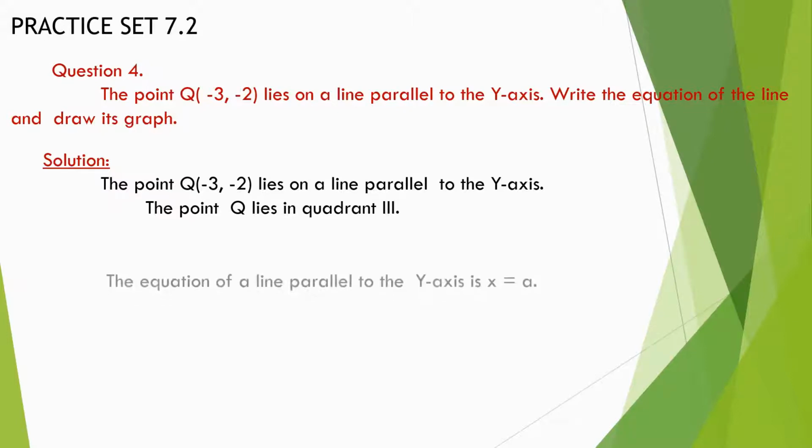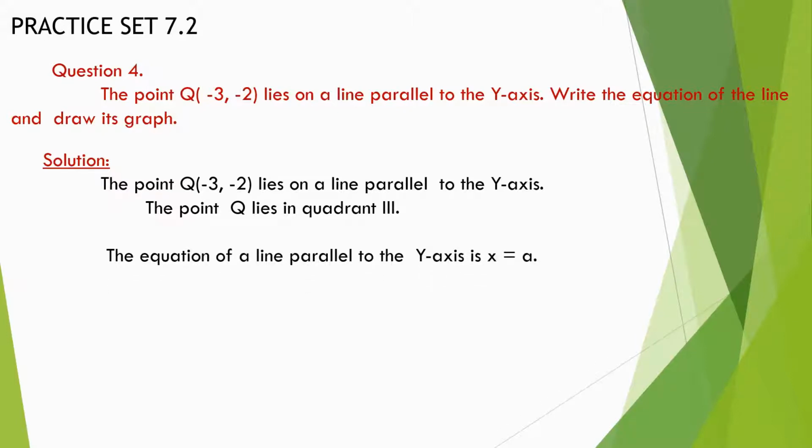The equation of a line parallel to the y-axis is x equal to a. In this question, a is equal to -3. Therefore, x is equal to -3 is the equation of the required line. Next you have to draw the graph of x is equal to -3.